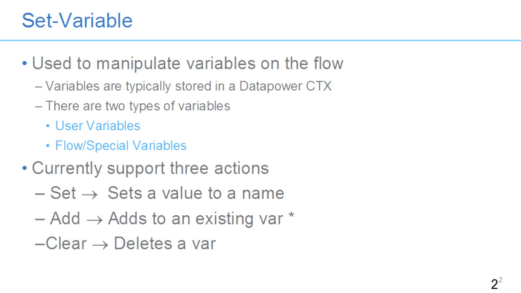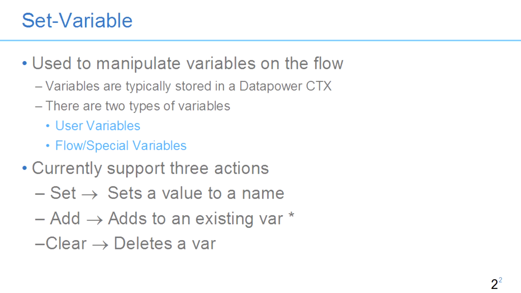So set variable has three functions called actions. There's set: you give it a name and a value, and it assigns that value to that name. There's add, and it basically adds to an existing variable. This is the part where the microgateway and the DataPower implementation differ.